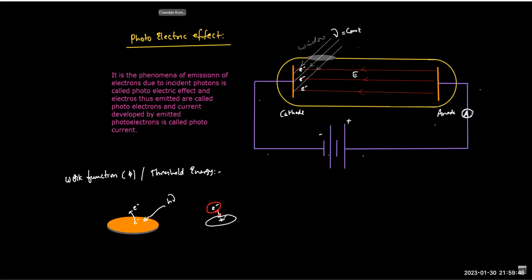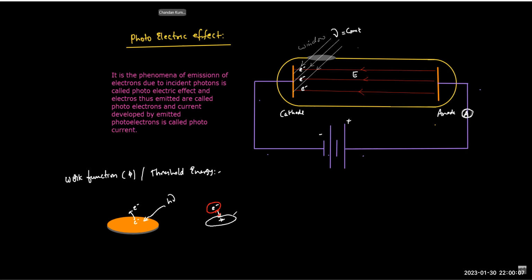So work function is the energy you need when you try to escape the metal surface. These electrons are free electrons. They are not bound to the atoms, but they are bound to the lattice. Someone who is bound to the lattice but not to the atom is a free electron, mostly conduction electrons.